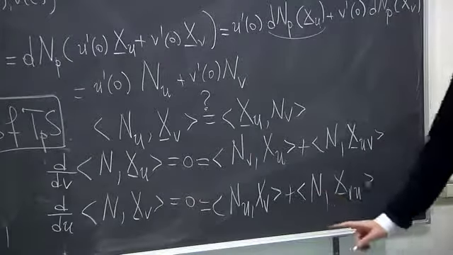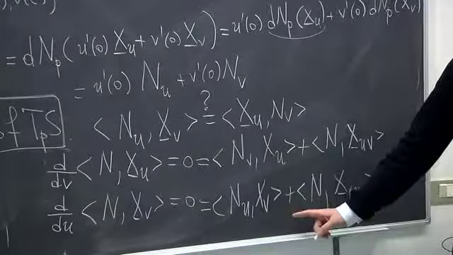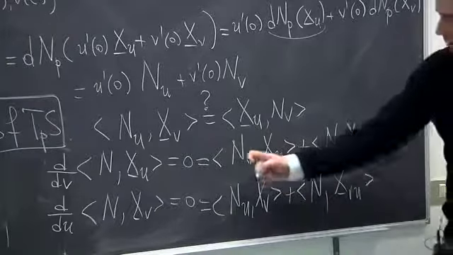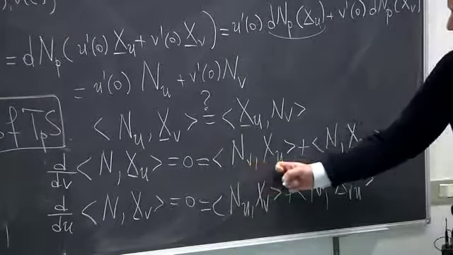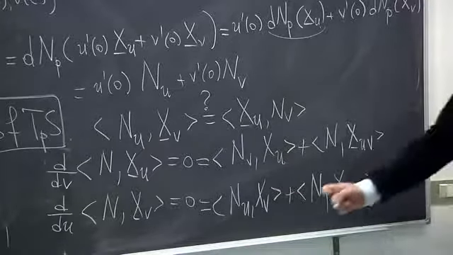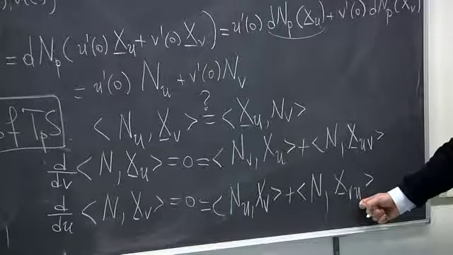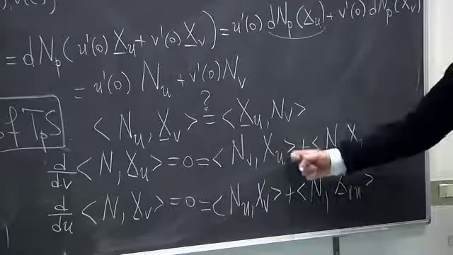And so I'm done. Why am I done? Because both are 0. So take this up. So that means nv xu is equal to minus this. But nu xv is equal to minus the same thing. So in particular, they are the same.